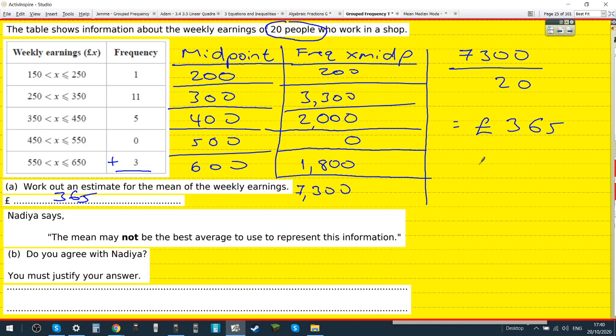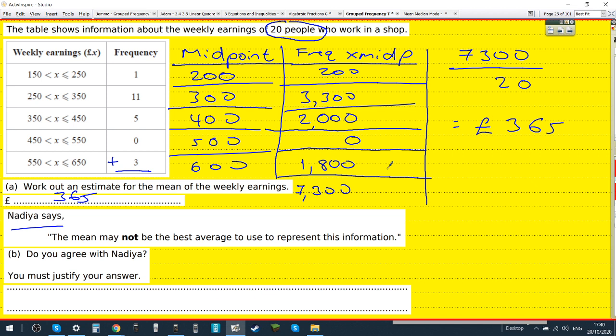Any idea about question B down here? This Nadia thing. The mean may not be the best average to use to represent the data. Do you agree with Nadia?